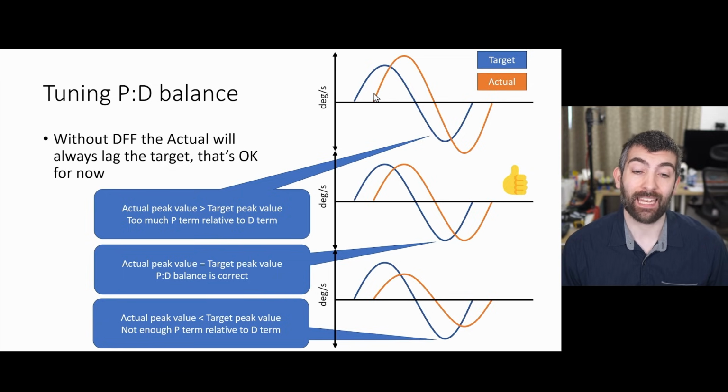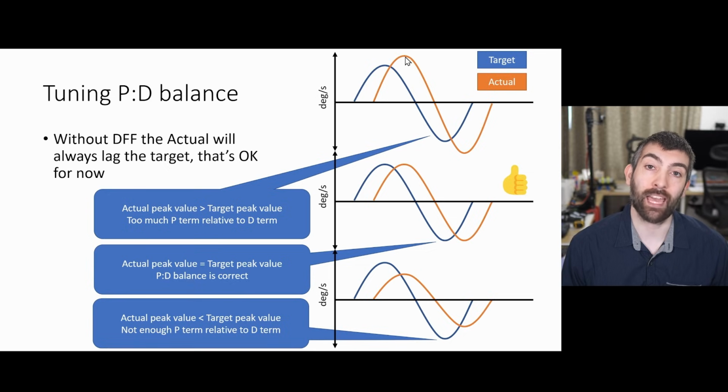What we need to look at is the relationship between the actual peak value and the target peak value in the time series data to determine if we've got the right PD balance. If you look at the waveform for the target and the waveform for the actual, and you see that the peak of the actual graph is bigger than the target graph, that indicates that you have too much P-term. So your PD balance is too P-term heavy.